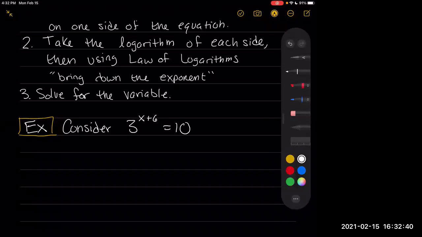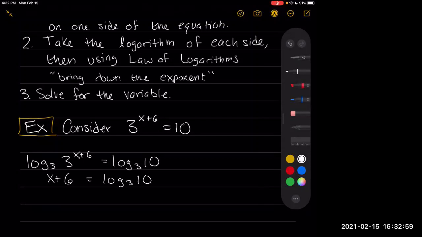So if we take the log base 3 of both sides, log base 3 of 3 to the x plus 6 equals log base 3 of 10, then this gives us x plus 6 equals log base 3 of 10. And then we can bring this 6 over. And so we have x equals negative 6 plus log base 3 of 10.